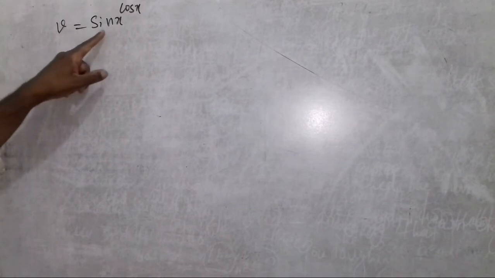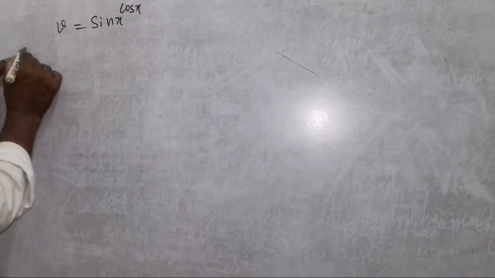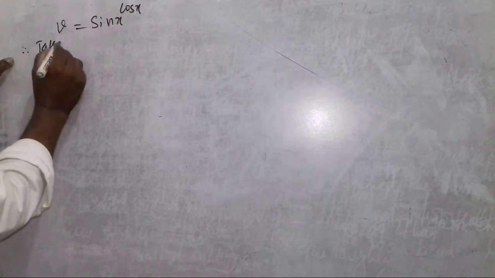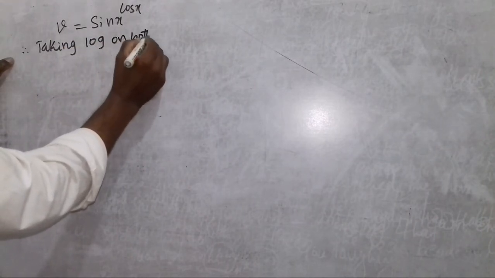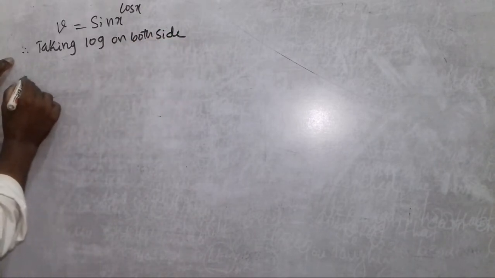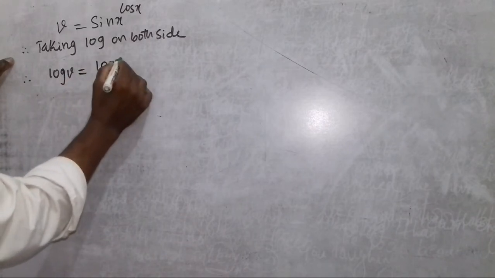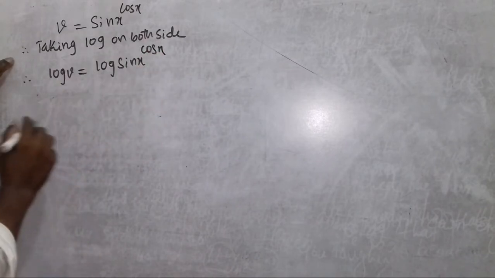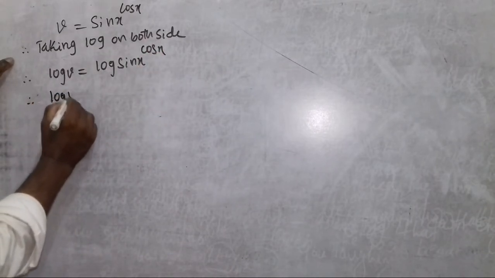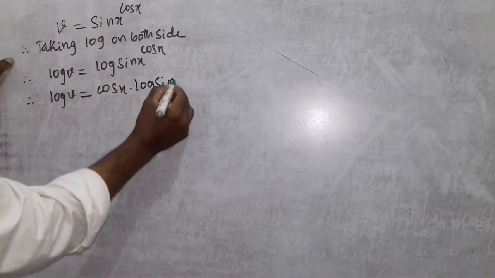Now v equal to sin x raised to cos x. So here also it is function raised to function, therefore taking log on both sides. Therefore log v equal to log of sin x raised to cos x. So log m raised to n, therefore log v equal to cos x log sin x.